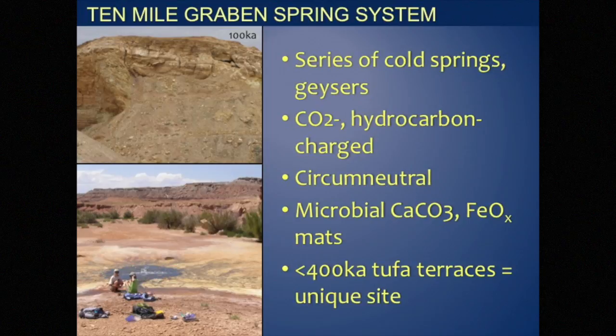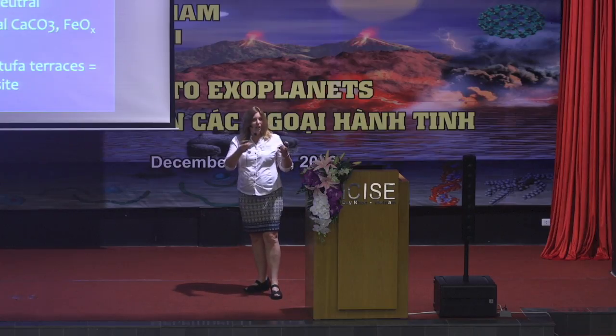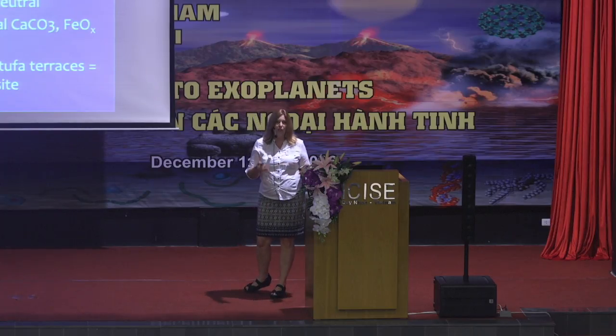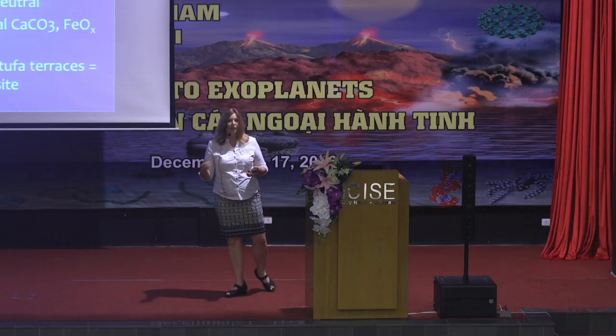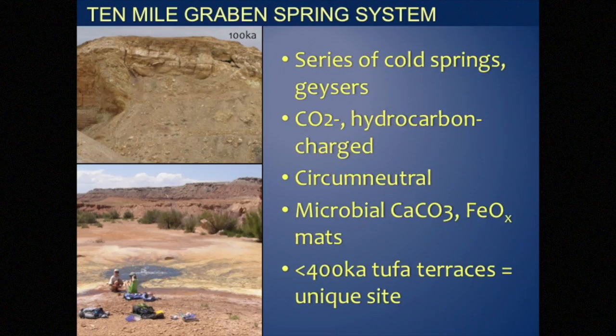There's a lot of carbonate and iron oxyhydroxides. The interesting thing about this site is that this spring has been emanating for about 400,000 years, so there are a series of progressively older tufa terraces preserved on paleo land surfaces in the area, up to 400,000 years old.